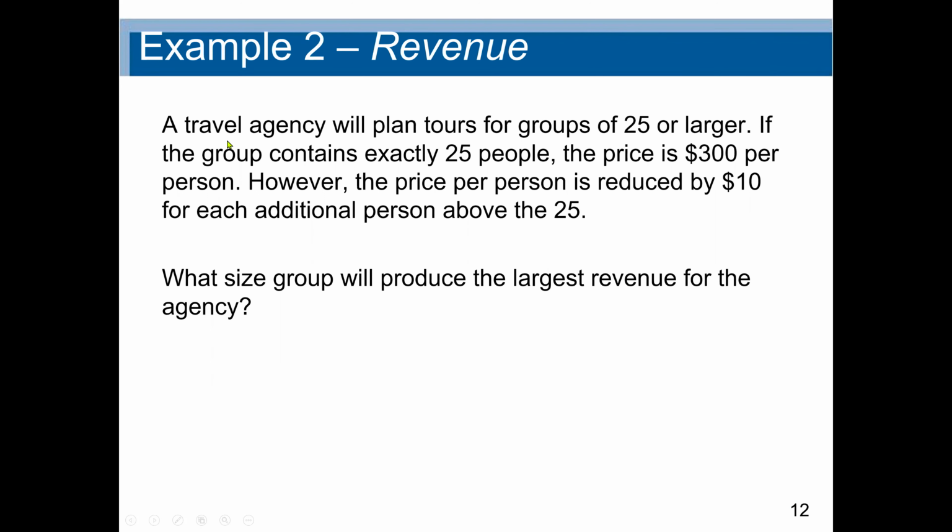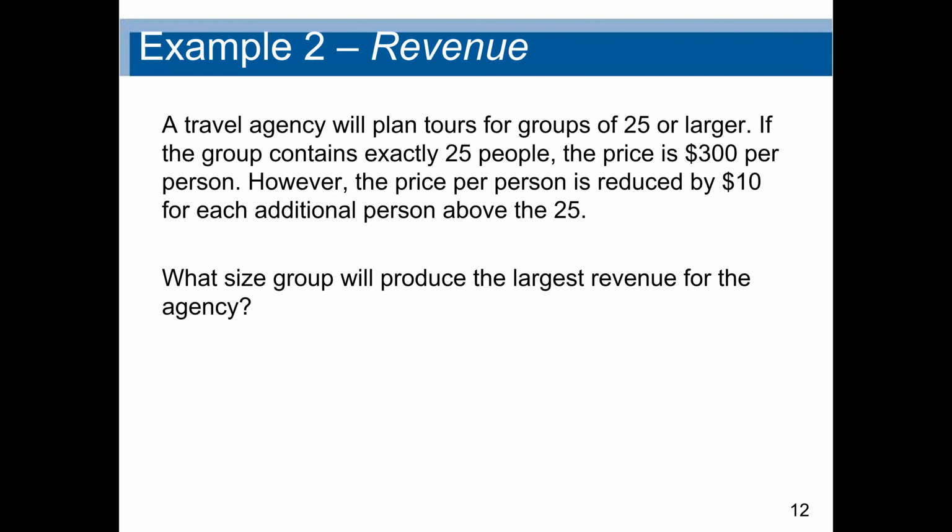So now the question says that a travel agency will plan tours for a group of 25 or larger. We have a condition here: groups of 25 or larger. If the group contains exactly 25 people, then the price is $300 per person.